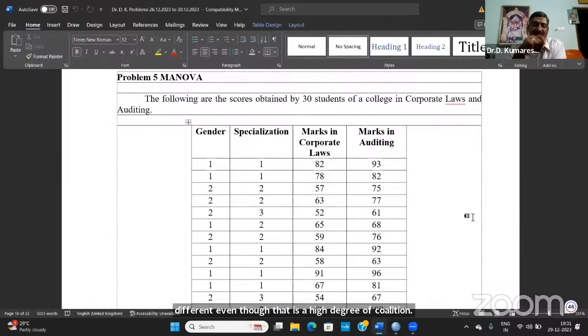The corporate law exam is not conducted to improve the performance in the auditing exam. So these two are entirely different, even though there is a very high degree of correlation between these two.